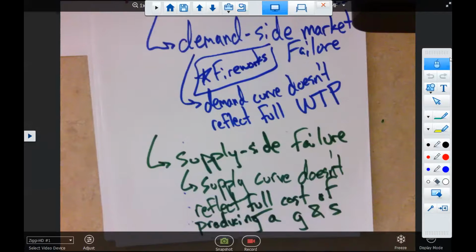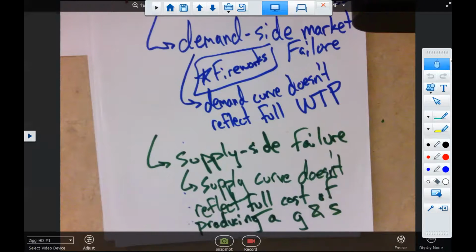And so essentially the demand curve for fireworks is going to be much lower than the true demand curve, because the true demand curve is factoring in the fact that other people are going to enjoy the fireworks. So there's a greater overall consumer's willingness to pay for the fireworks. Does that kind of make sense?